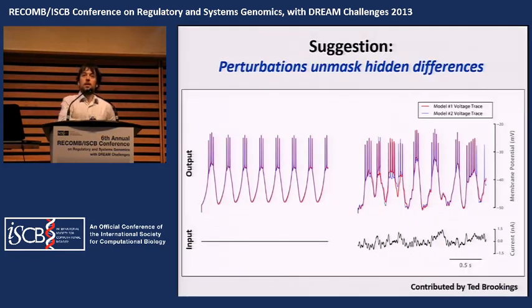One interesting possibility to overcome this problem of multiple solutions is to add a rich and complex input to the system that perturbs output. Here on the left are two computational models of a bursting neuron, and in this case, they're given no input. On the right are the same two models, but in the presence of a pink noise stimulus, where current is injected directly into the model cell.